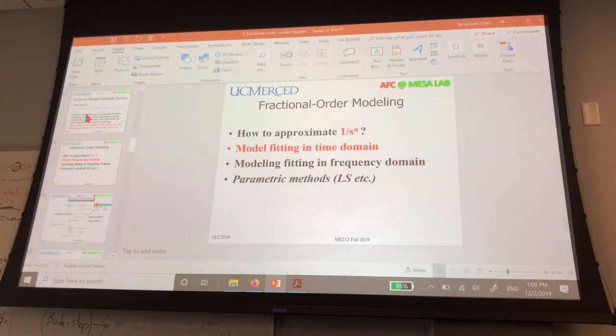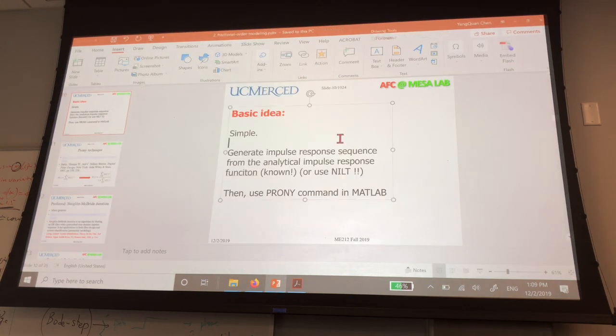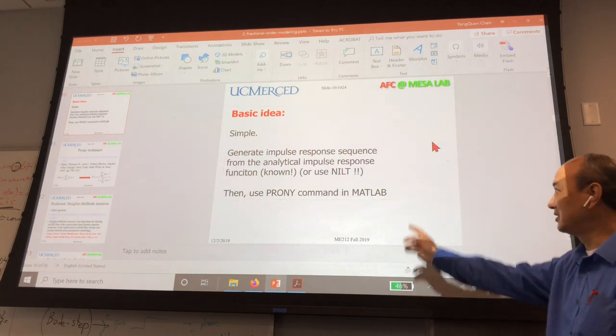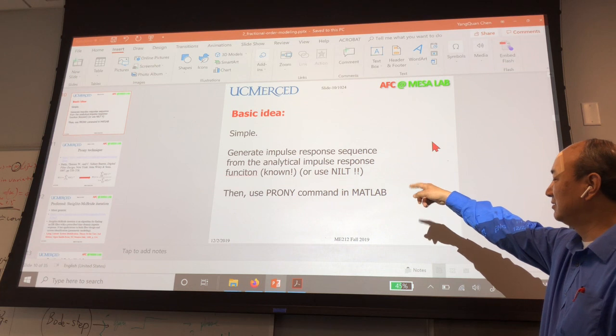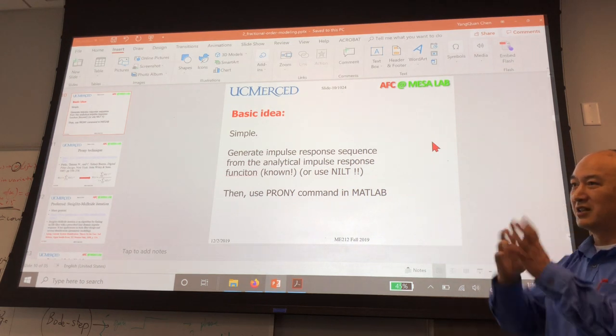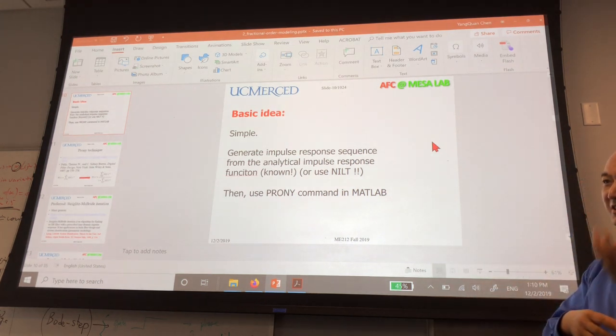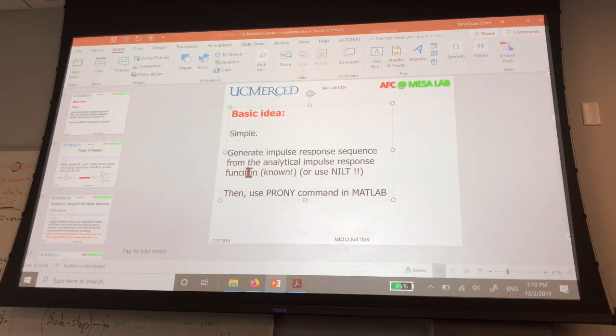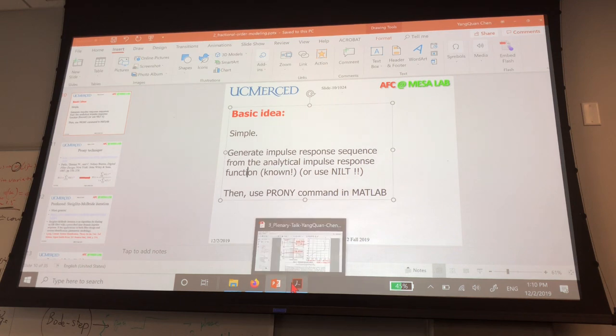Let me remind you the basic idea is simple: generate your response analytically, so you can use prime. Then you can compare Bode plots, compare step and impulse responses, and so on and so forth. Okay.